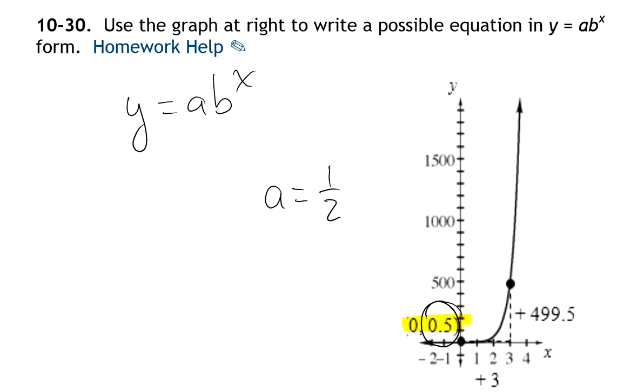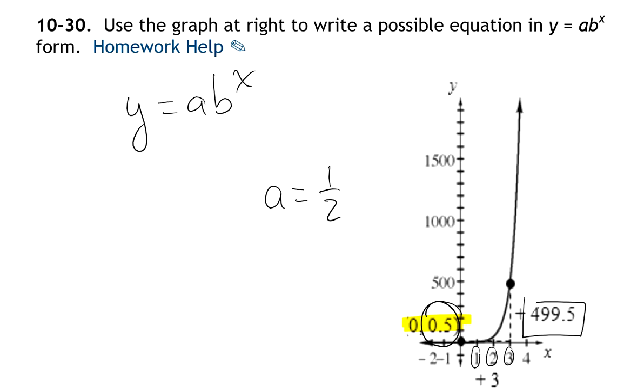The other thing that I see is by the time I multiply by some value b 1, 2, 3 times, I have a jump of 499.5. In other words, I'm sitting at the number 500. So at 3, I'm at 500.